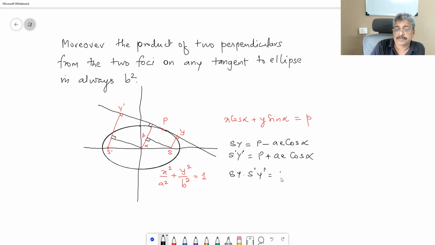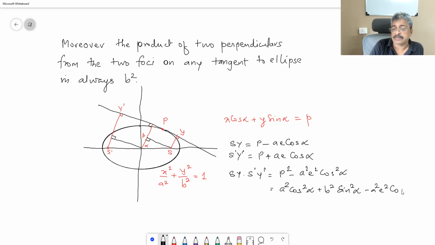So you need SY into S'Y', which is p square minus a square e square cos square alpha, and your p square was a square cos square alpha plus b square sin square alpha, minus a square e square cos square alpha.